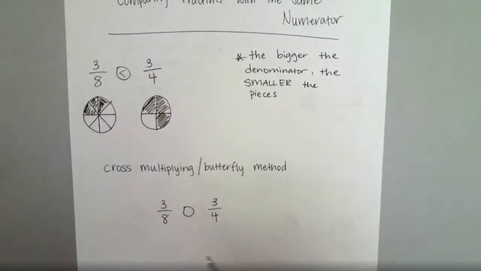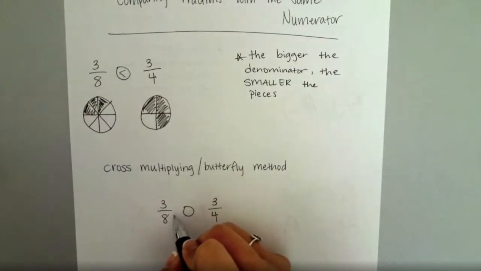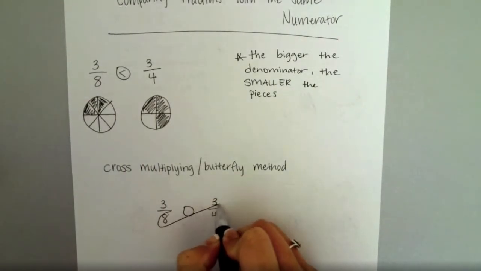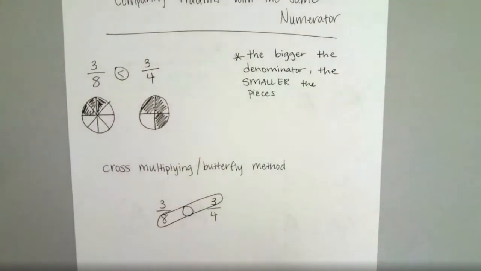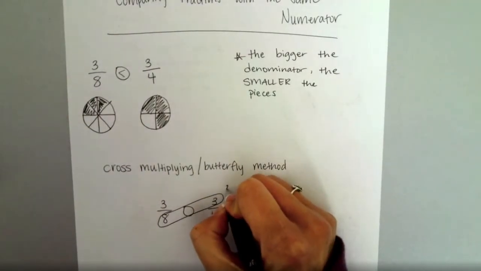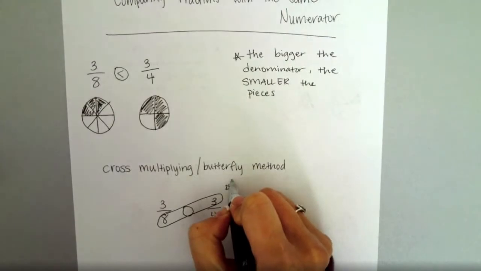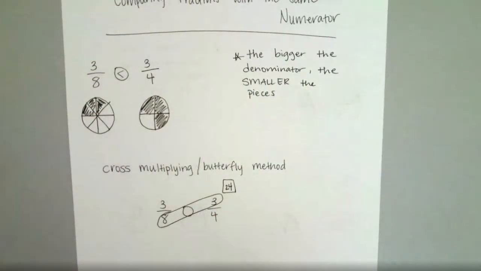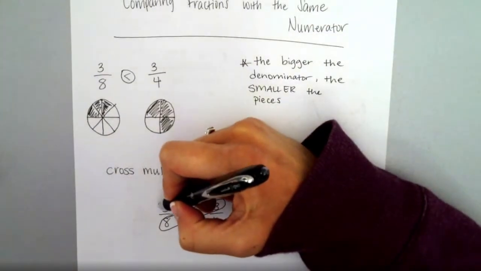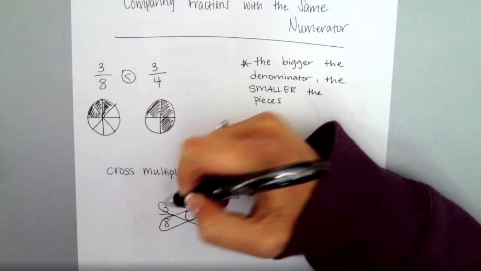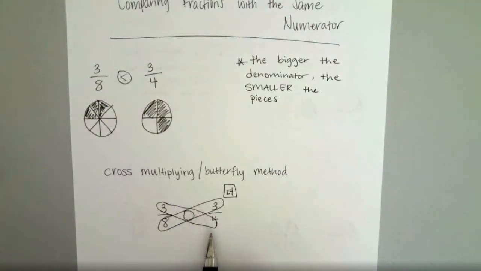So what that means is I'm going to take this and I'm going to circle like that, okay? So that means I'm going to do 8 times 3, and knowing my multiplication facts, I know that 8 times 3 is 24. So I'm going to put that 24 up here, and I'm going to box this in. And then I'm going to cross multiply on the other side. So I'm going to take 3 and 4, and cross multiply it. So I'd have 4 times 3.